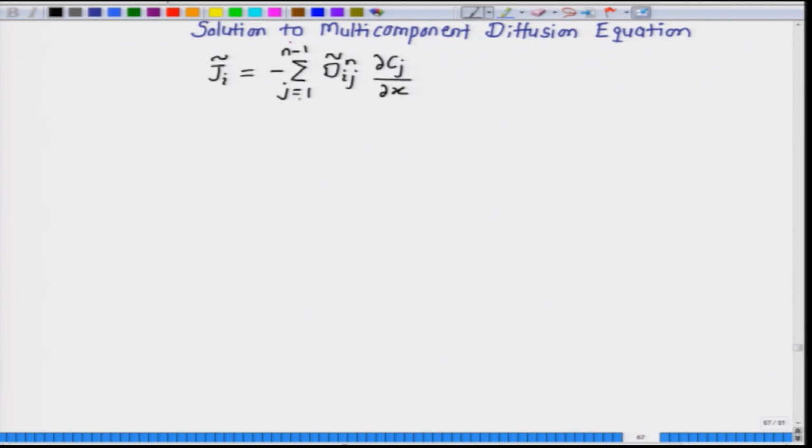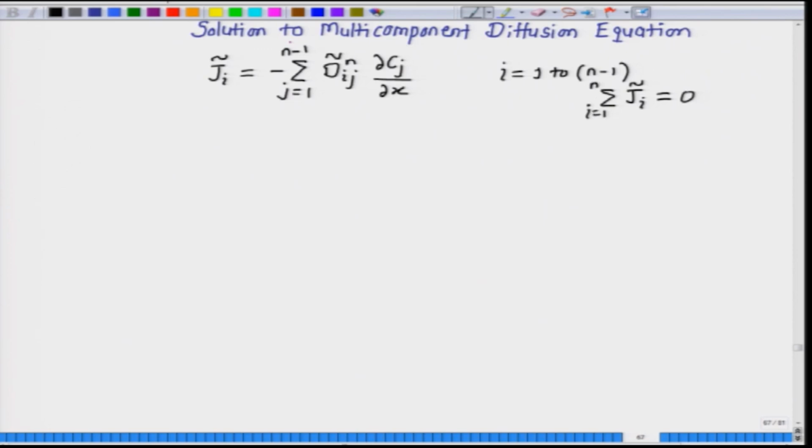So, to define the flux of one component, we need n minus 1 interdiffusion coefficients, and we have n minus 1 independent fluxes, because if we assume the molar volume to be constant, then the summation of all J i tildes, i going from 1 to n, is equal to 0.